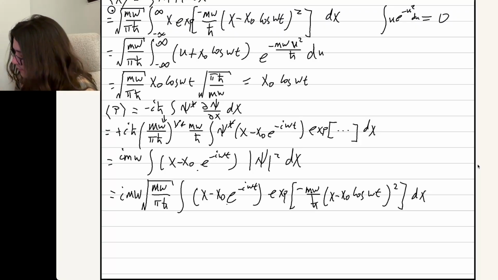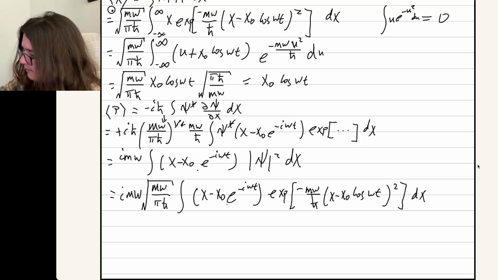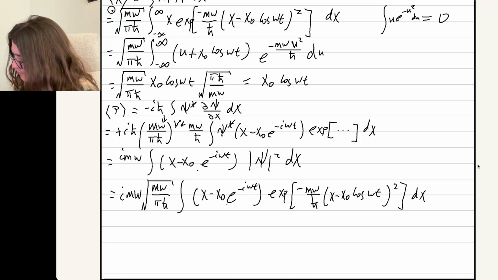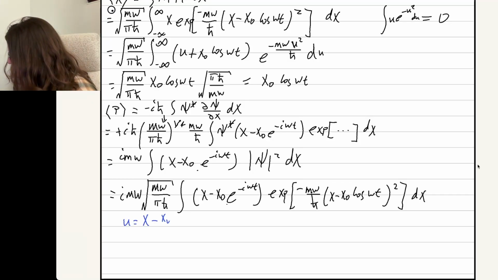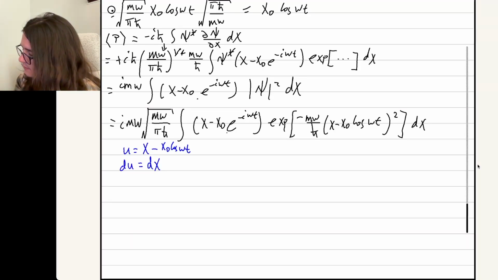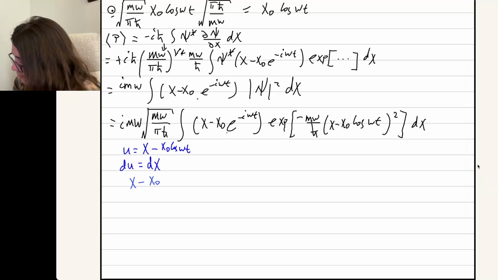So we're going to make another u substitution, right? It's the same u substitution. It's still just u equals x minus x naught cosine omega t. So du is still just dx, so we don't need to change the differentials. It's this term which is interesting to deal with, right?